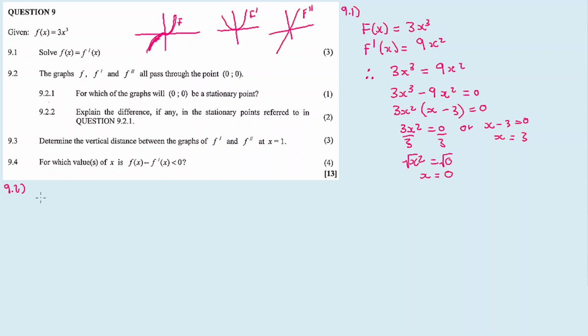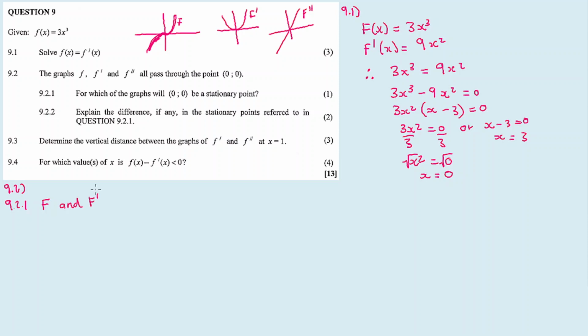So 9.2.1 asks: for which of the graphs will (0;0) be a stationary point? It's definitely f and f prime.